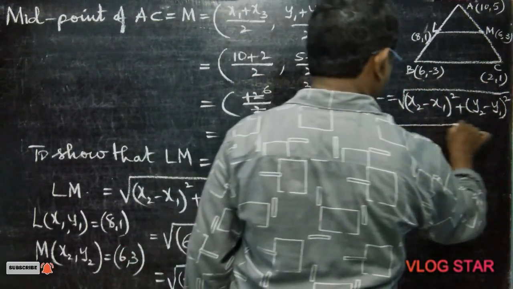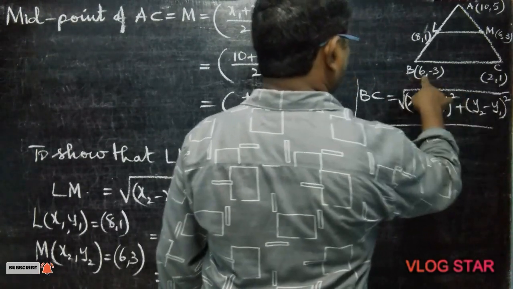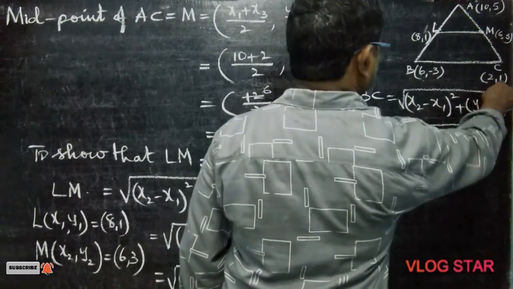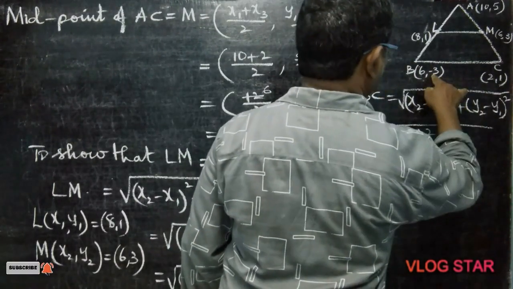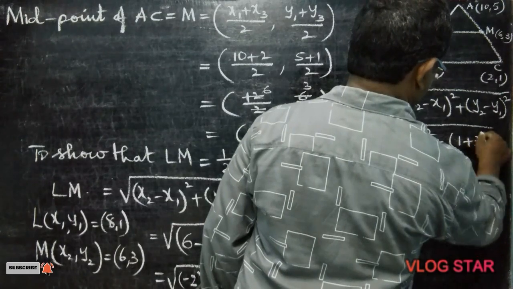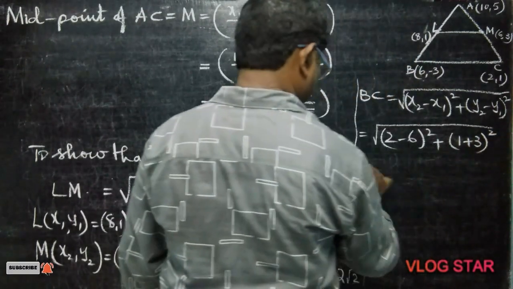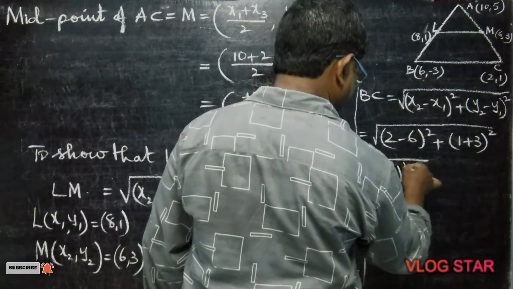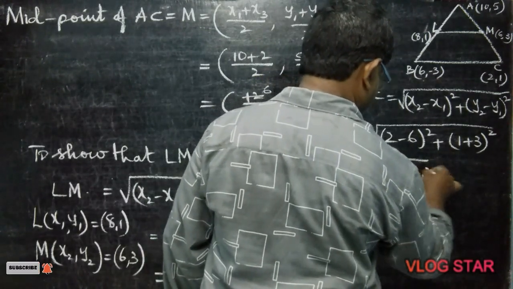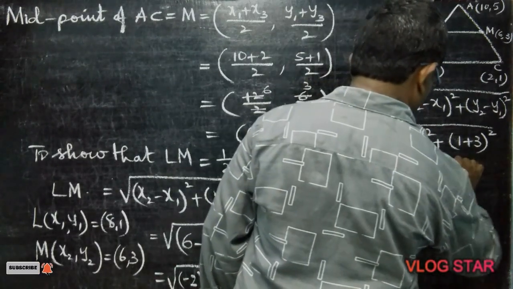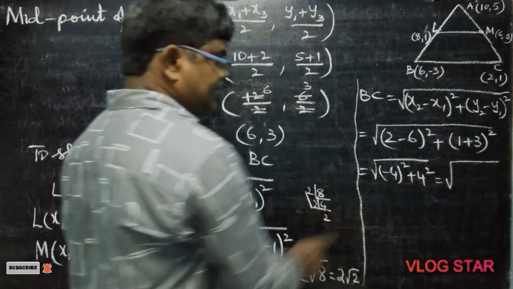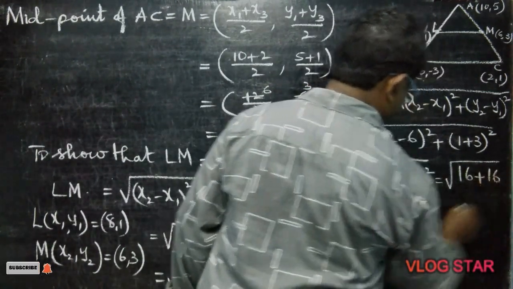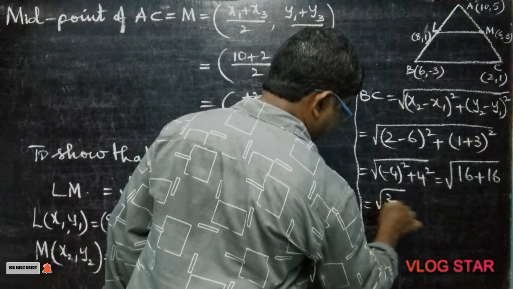So square root of (2 minus 6) whole square plus (1 minus (minus 3)) whole square. That is square root of minus 4 whole square plus 4 square. That is equal to square root of 16 plus 16. That is equal to square root 32.